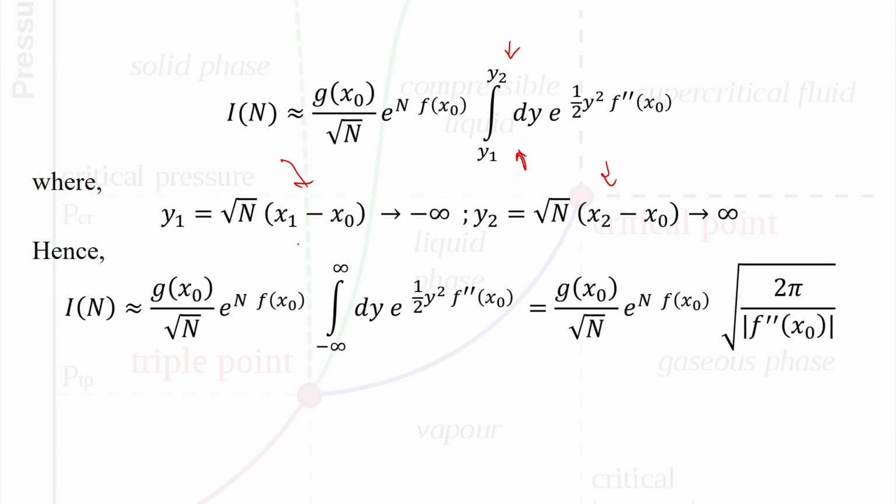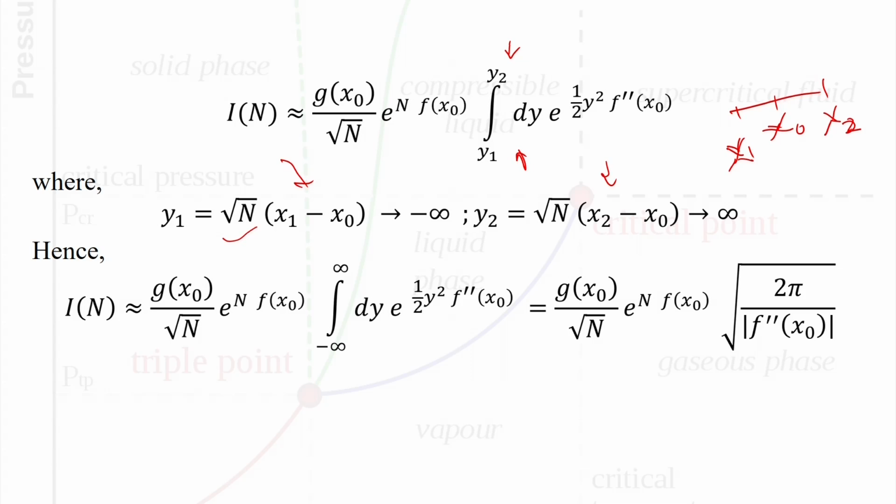Notice that x1 is here, x0 is here, and x2 is there. That means x0 is between x1 and x2. Because of that, you see y1 tends to minus infinity because n is huge. Remember that n is huge.